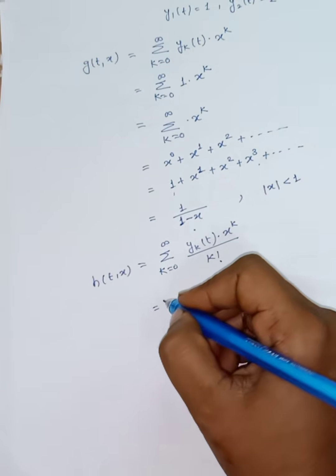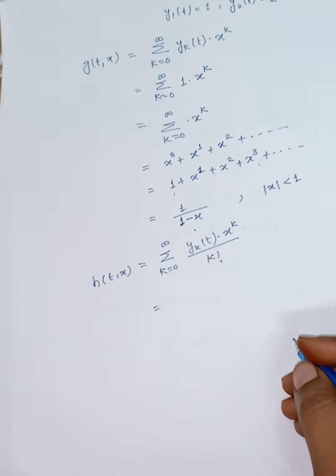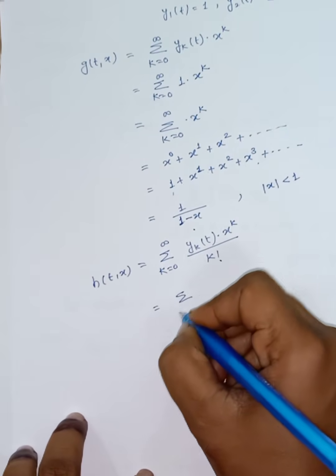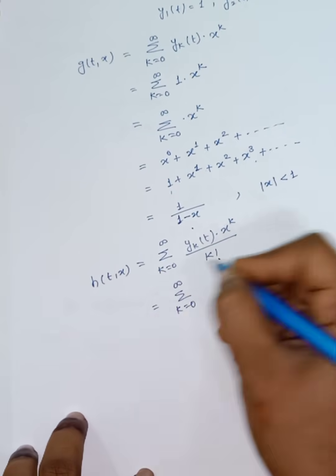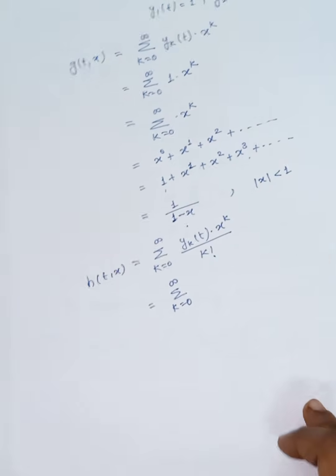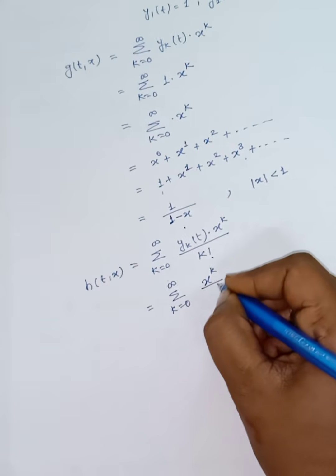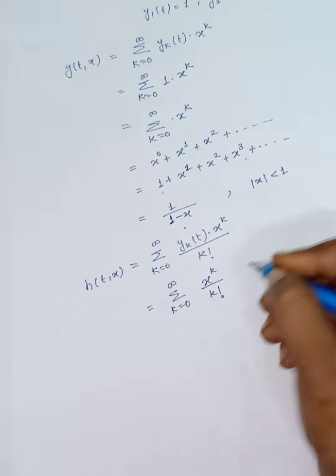This is the formula, and we have to solve by putting yk equals to 1. So summation from k equals to 0 to infinity, and yk t's value is 1. So we are getting x to the power k by k factorial.